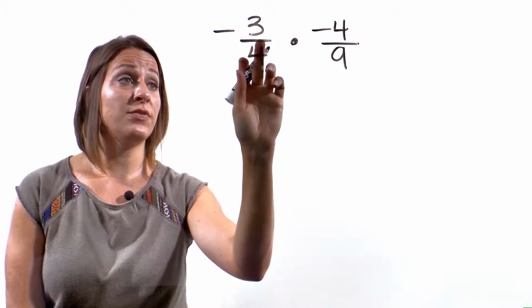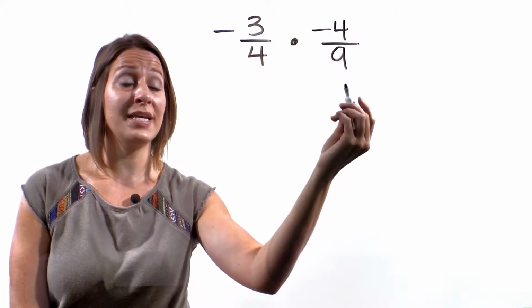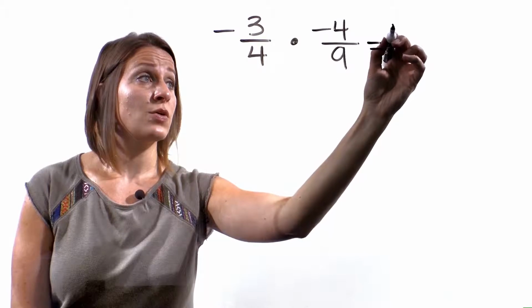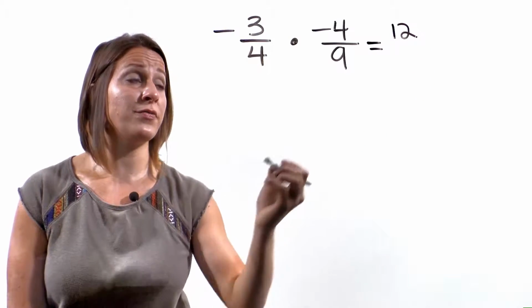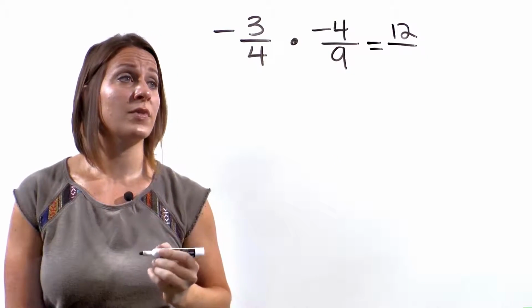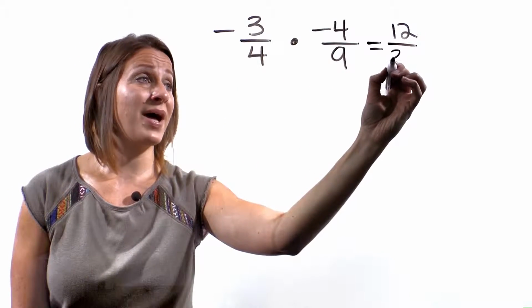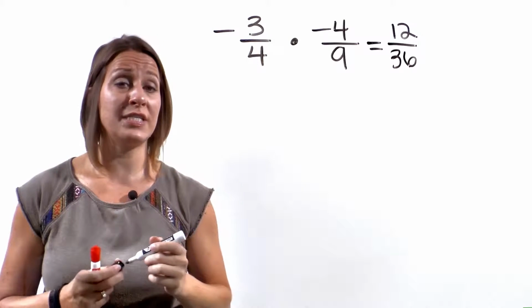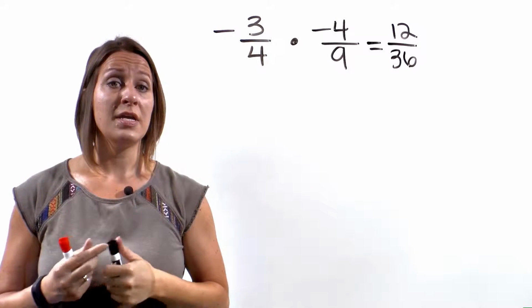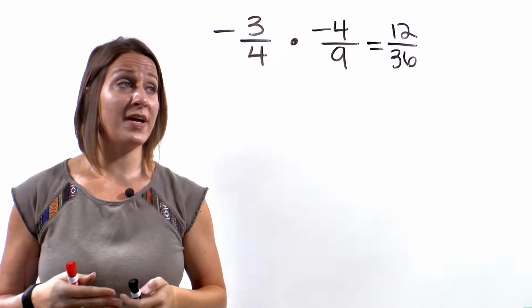We have -3 times -4, which is a +12. Then we have 4 times 9, which is a +36. Next, we need to simplify this fraction.